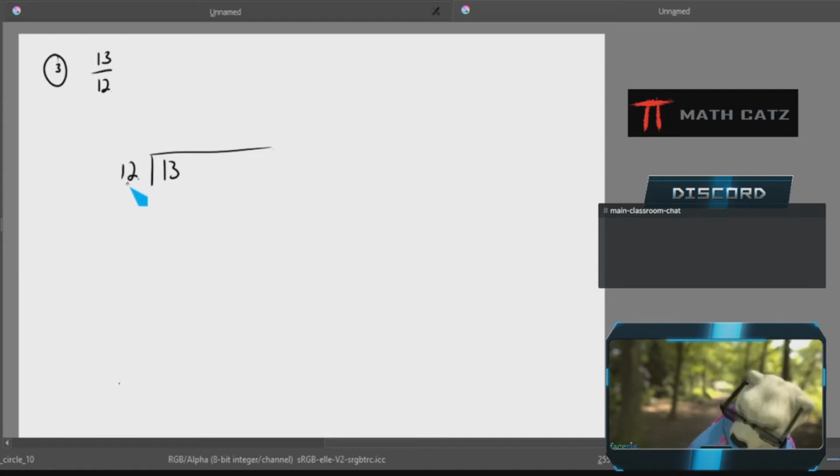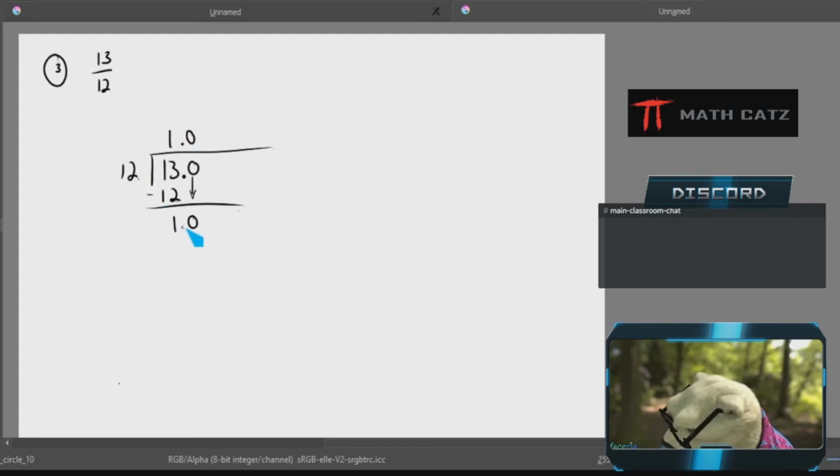I'm still going to have to divide by 12. 12 goes into 13 once. 1 times 12 is 12. Take it away, I have 1 left. I need some zeros here. So I have, relative to that position, 10. 12 goes into 10 0 times. I haven't done anything yet.